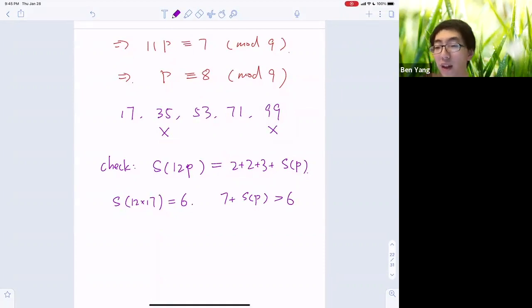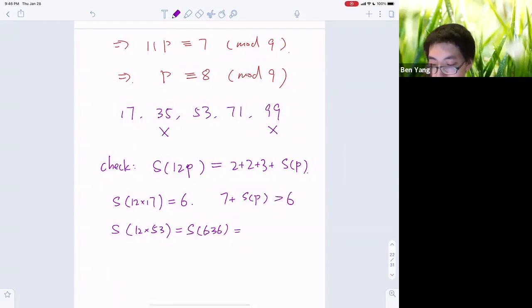Then we need to try 53. 12 times 53 is 636, and the sum of digits of 636 is 15.